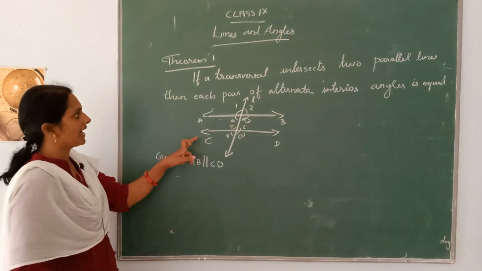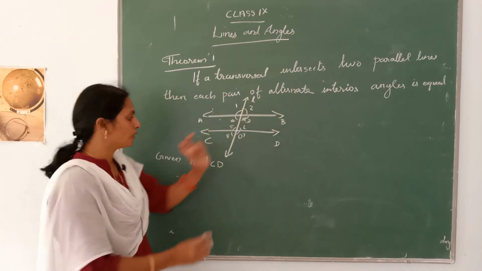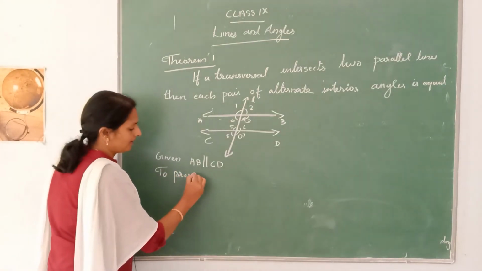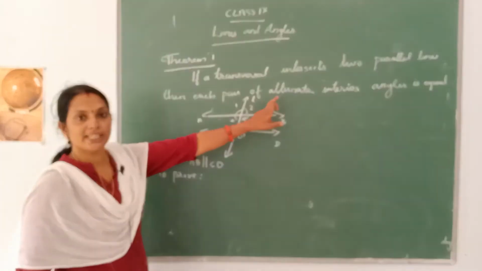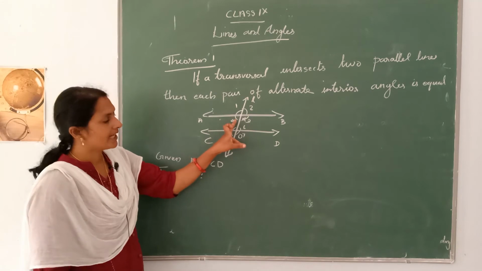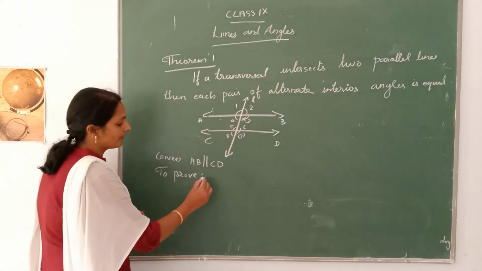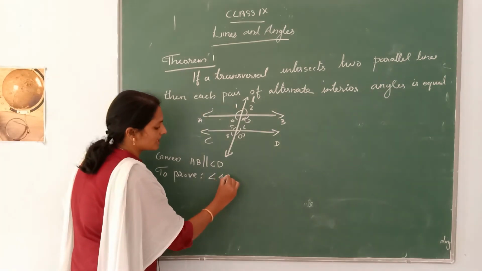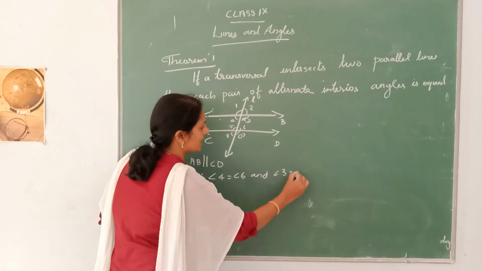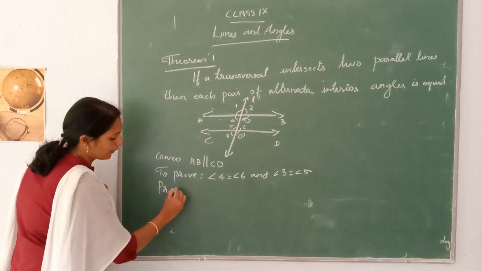To prove: alternate interior angles are equal, that is, angle 4 is equal to angle 6 and angle 3 is equal to angle 5. Proof.